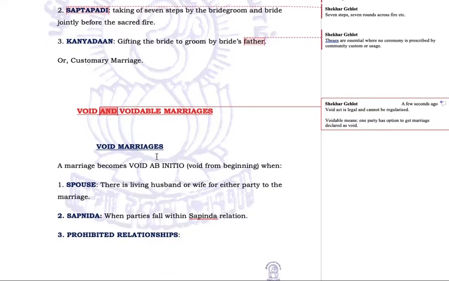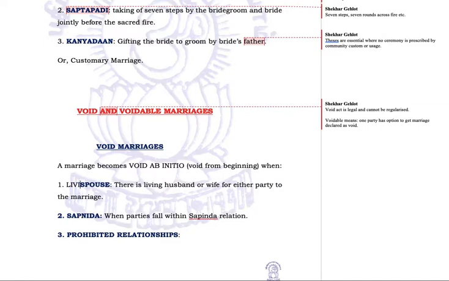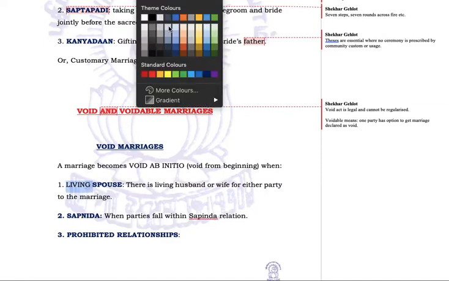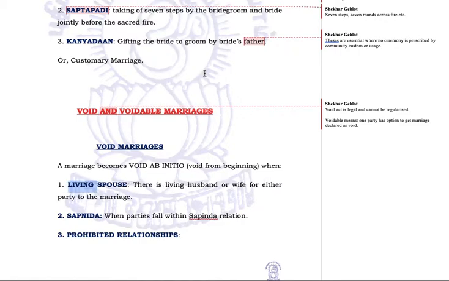So void marriages, a marriage becomes void ab initio. When? When would a marriage in Hindu law become a void marriage? Let us see. A marriage where there is a living spouse.